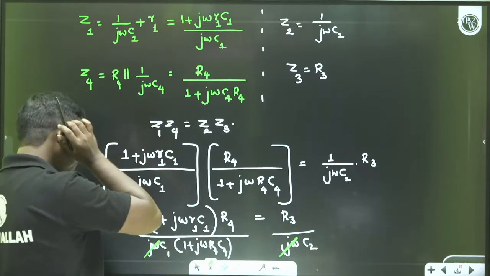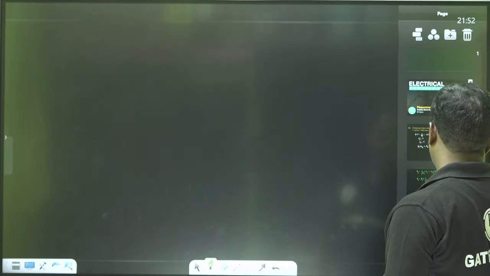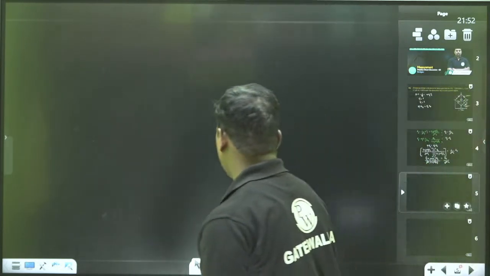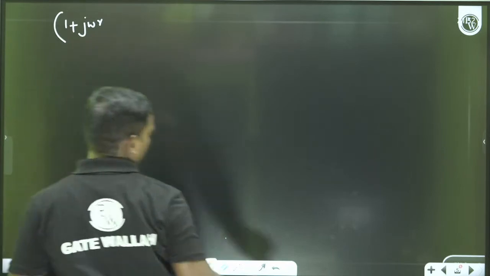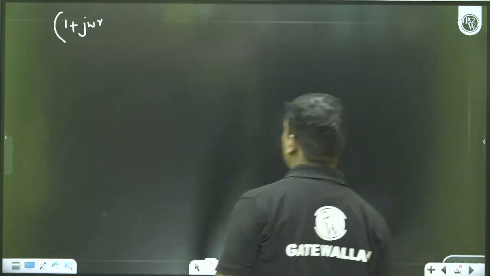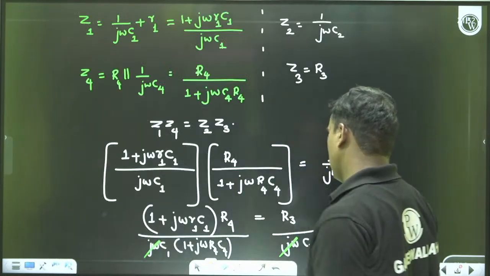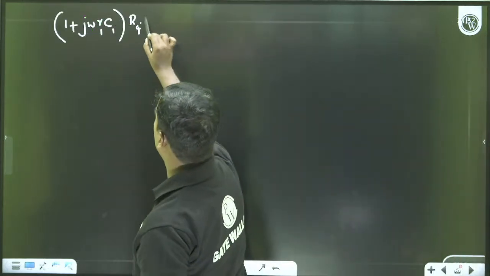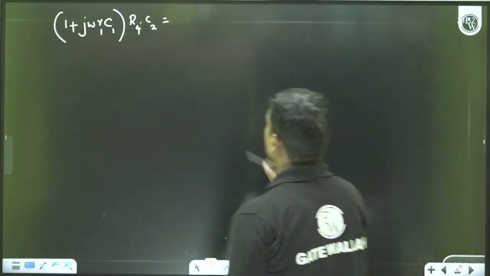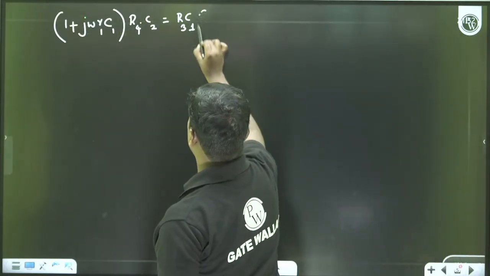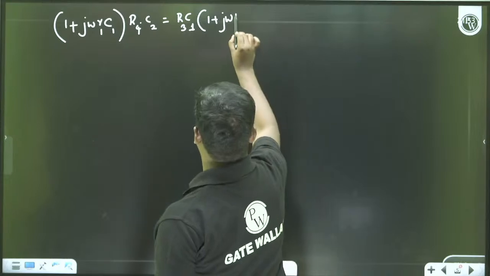Okay. So continue. This will be 1 plus j omega R1 C1 into R4 into C2 on this side, equal to R3 into C1 into 1 plus j omega R4 C4.